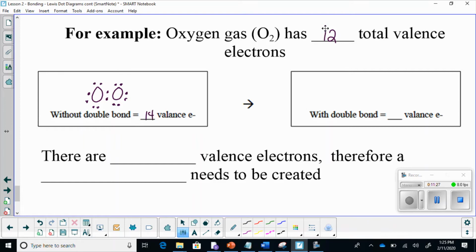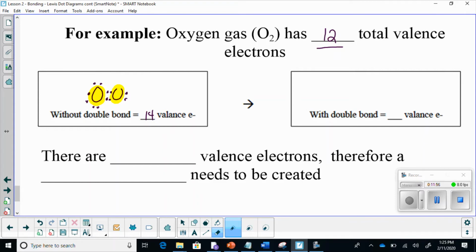We're supposed to have 12, but I have 14. So then we're going to make a double bond. Every time you make a double bond, the 2 atoms that are involved, you're going to remove a lone pair from each. So I erase a lone pair.